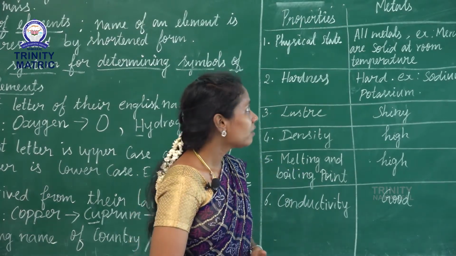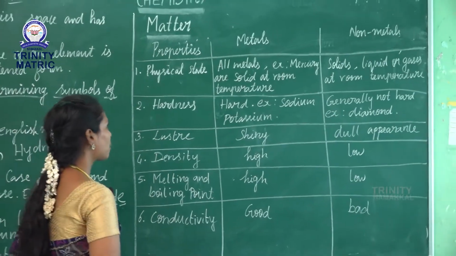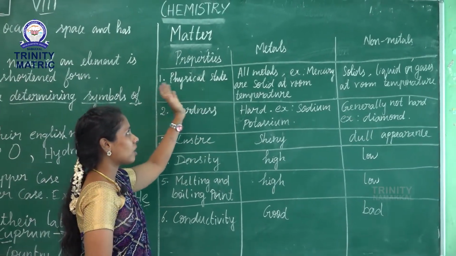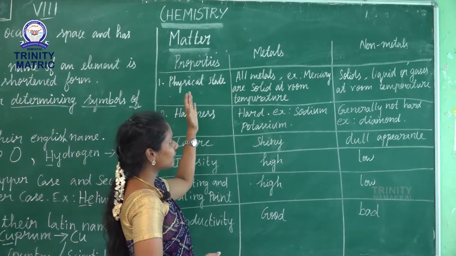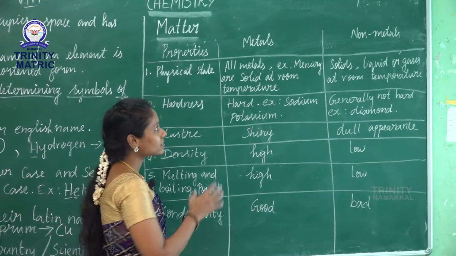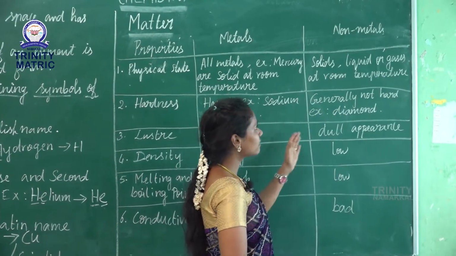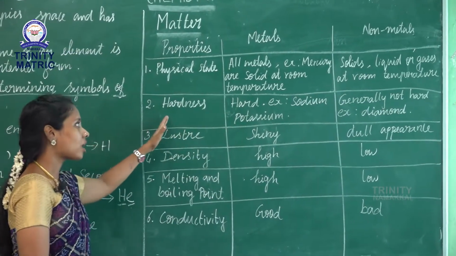Let us see the physical properties of metals and non-metals. First property, physical state. All metals except mercury are solid at room temperature. Non-metals are solids, liquids or gases at room temperature. Next, hardness.